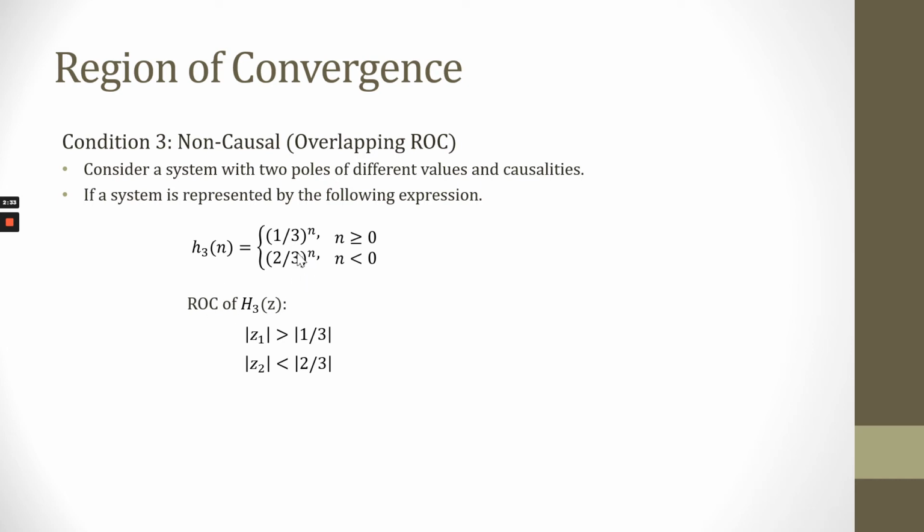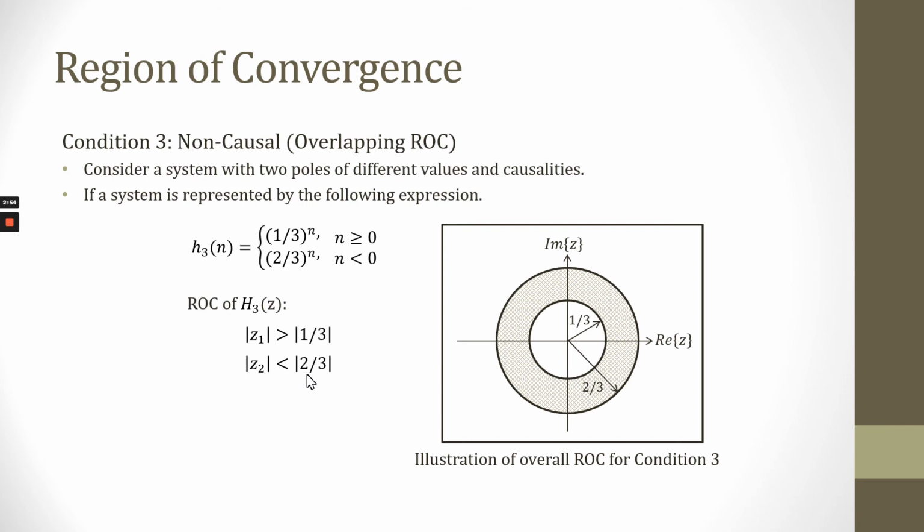So we know that from the Z transform of this signal h3, the ROC for the first condition, the right-sided sequence, is Z1 larger than 1/3, and for the second condition, the left-sided sequence, is Z2 less than 2/3.